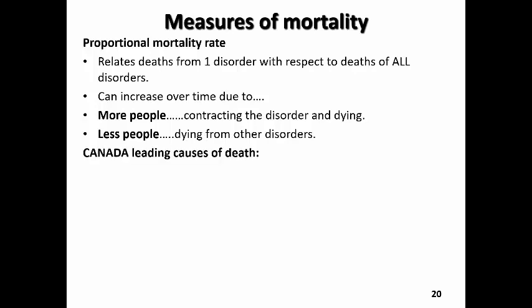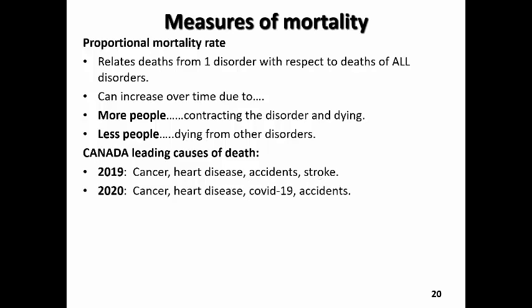As an example, in Canada, if we examine the leading causes of death in 2019, the four leading causes in order were cancer, followed by heart disease, followed by accidents, and then stroke.